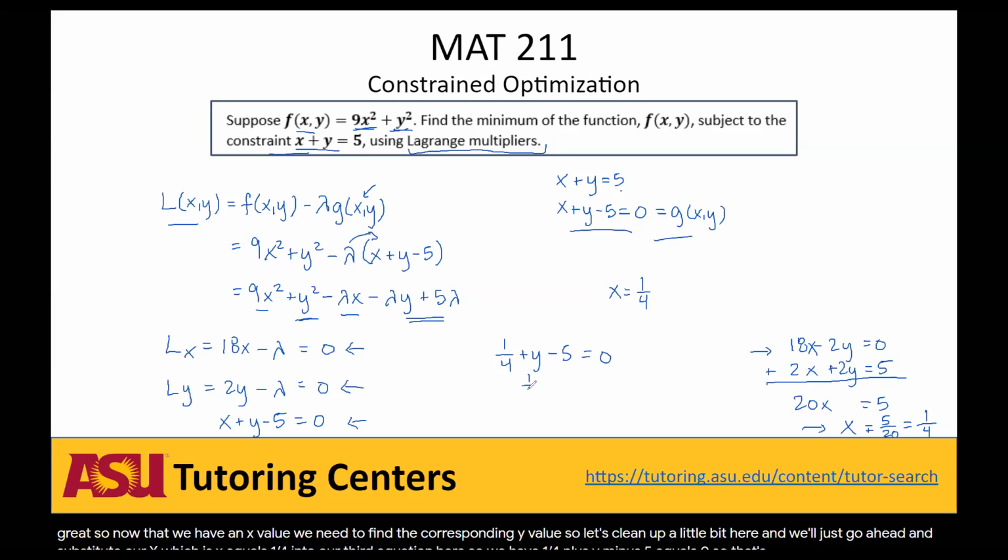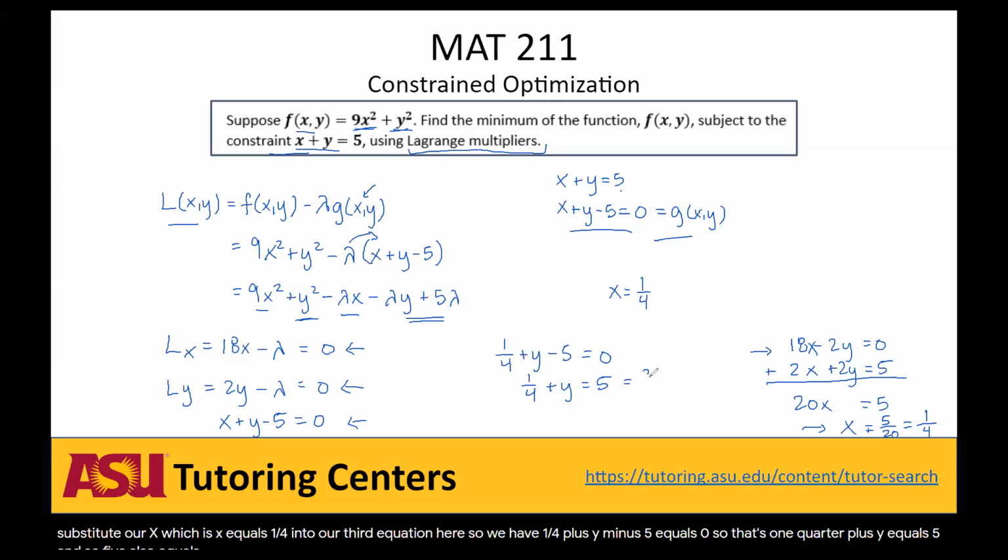So that's 1/4 plus y equals 5. And so 5 also equals 20 over 4. So then if we subtract our 1/4 here, that gives us y equals 19 over 4. So our y value is y equals 19 over 4.